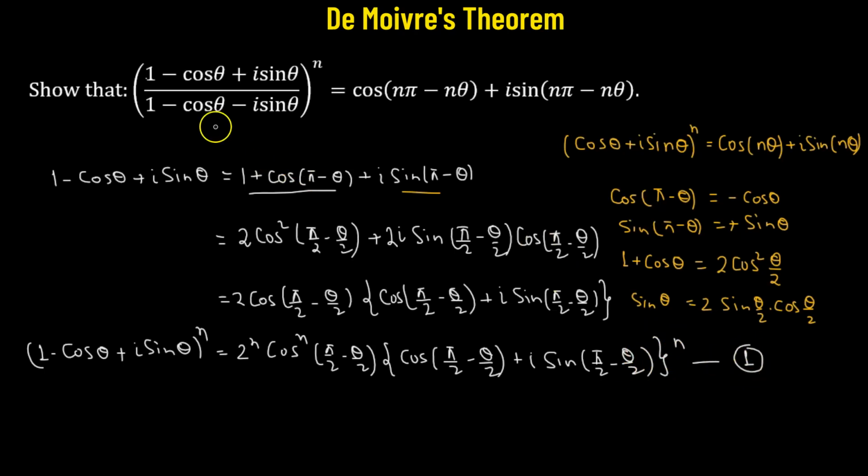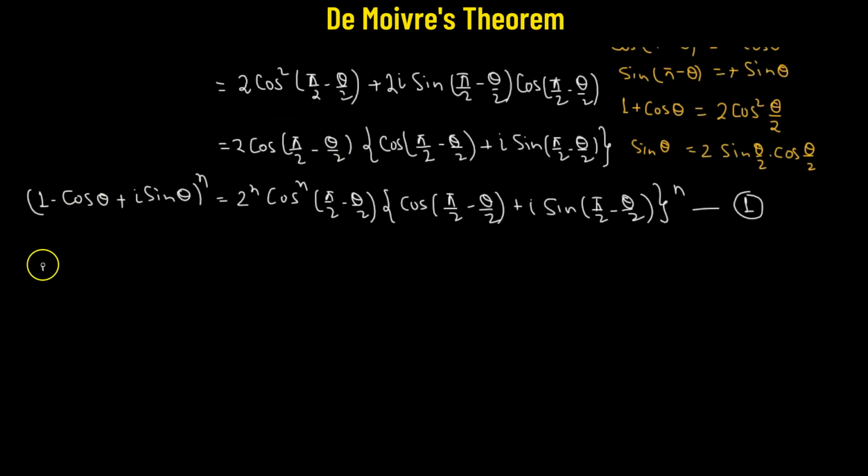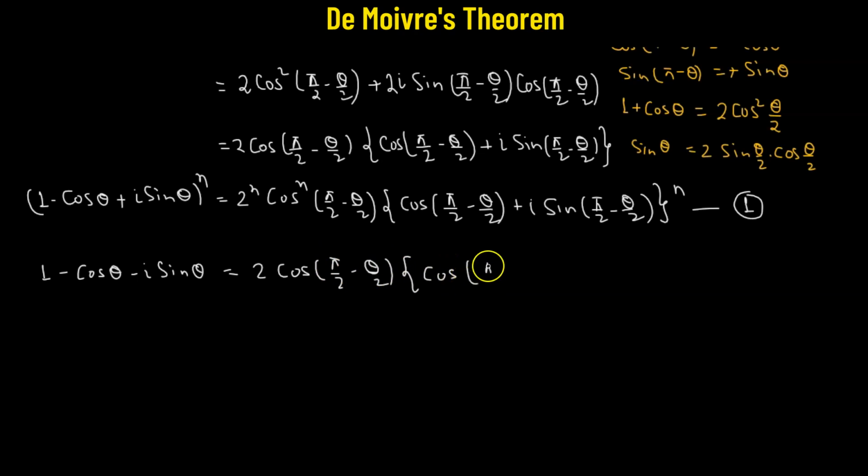We'll keep it aside. Next, we'll tackle the denominator portion, which is 1 minus cosine theta minus iota times sine theta. Using the same approach, this will equal 2 times cosine of (pi over 2 minus theta over 2) multiplied to cosine of (pi over 2 minus theta over 2), exactly like the previous expression except that we have a negative sign here: negative iota times sine of (pi over 2 minus theta over 2).